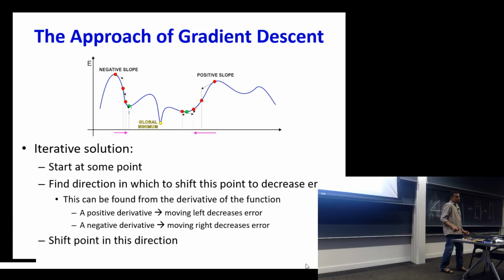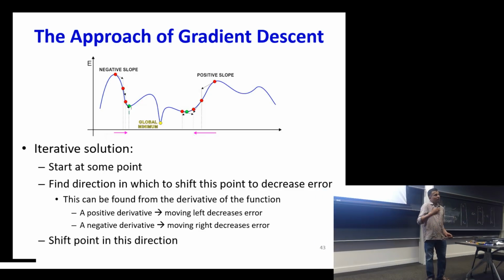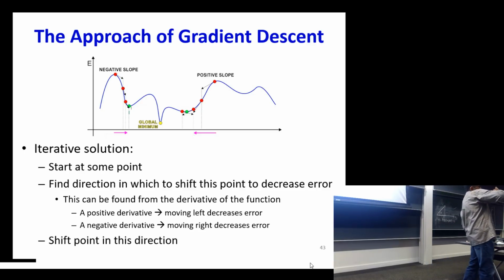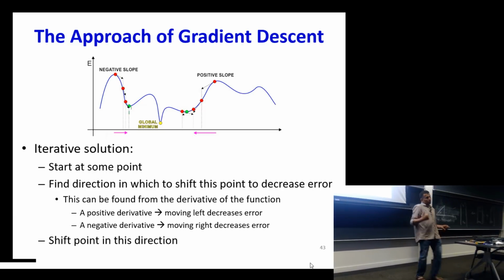So the iterative solution is something like this. You start at some point, find the direction in which to shift this point to decrease the error, and this can be found from the derivative of the function. So if it's a scalar function of a scalar variable, if the derivative is positive, it means that moving forward is going to increase the function. If I'm trying to find a minimum, that means I have to move backward.